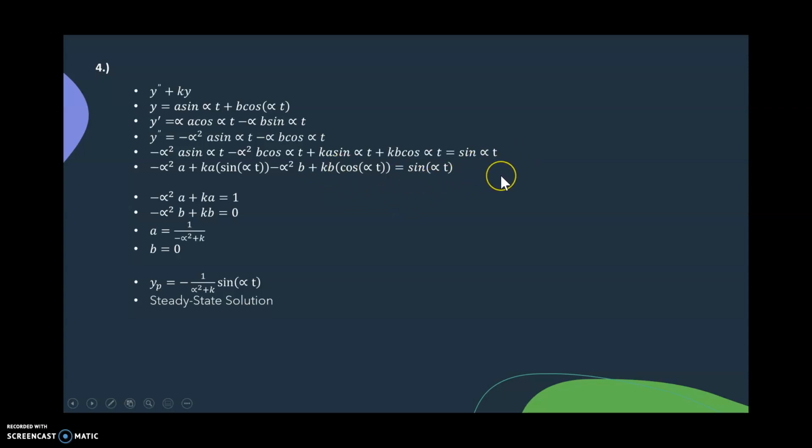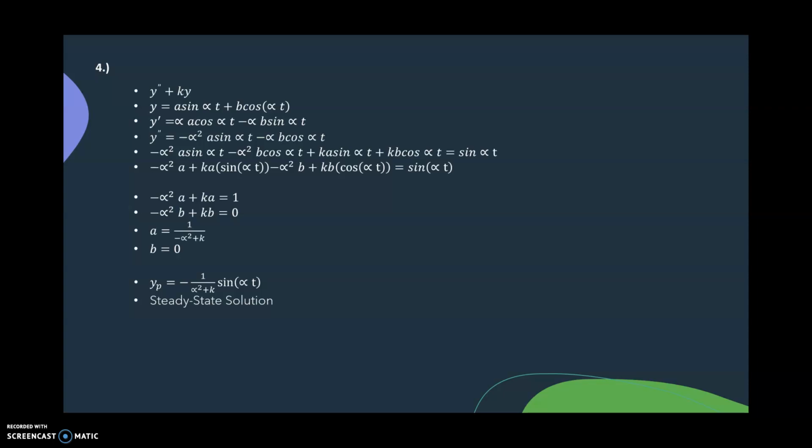To make the equation easier, we combine like terms, and we're left with negative alpha squared times a plus k times a, times sine of alpha t, minus alpha squared times b plus k times b, times cosine alpha t, which equals sine of alpha t.